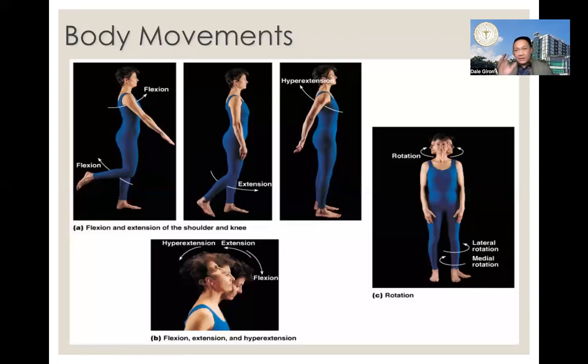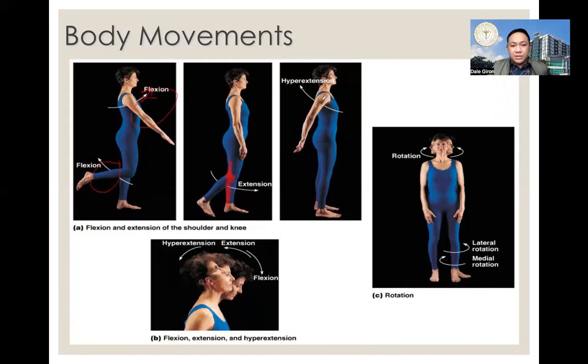This is better when you see the pictures. This one is flexion, knee flexion. And if the angle or the joint here is straightened after a flexion, you are doing extension.